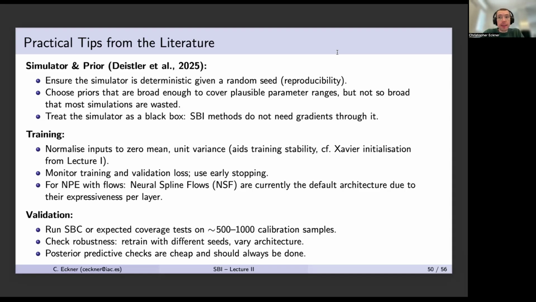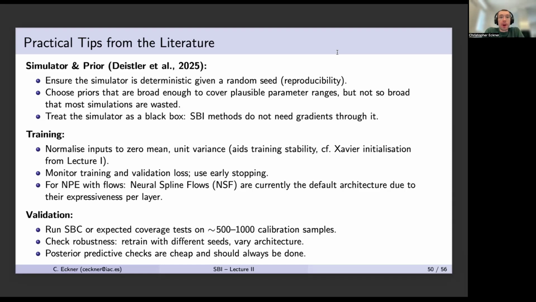Or if there's already a study in the literature that does a similar thing and uses likelihoods, and you have a notion of what the parameter ranges are, use that. And treat the simulator as a black box, because the SBI methods do not need gradients through it, and that's true, in fact.